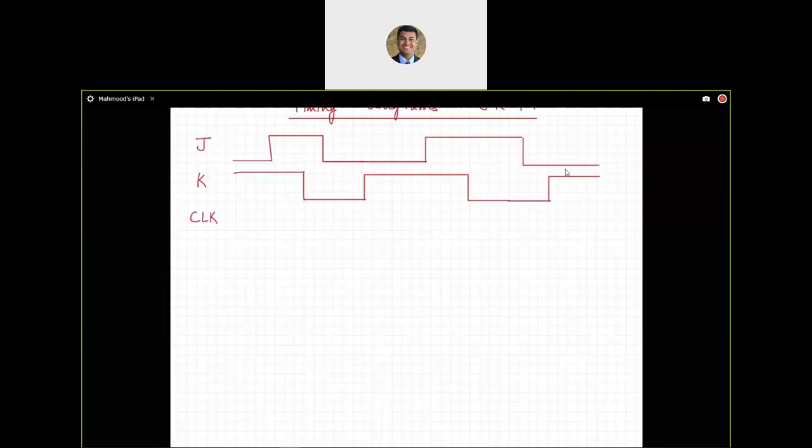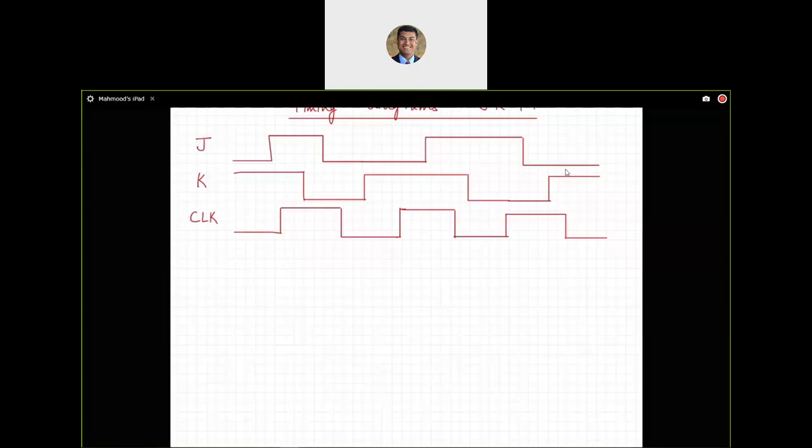I have arbitrarily sketched a clock signal.